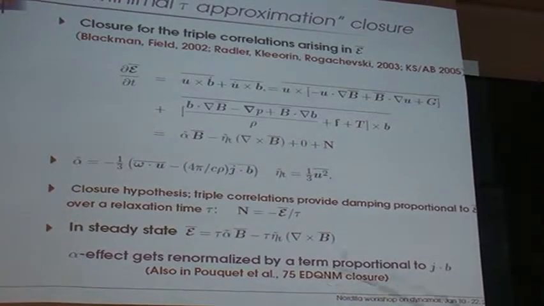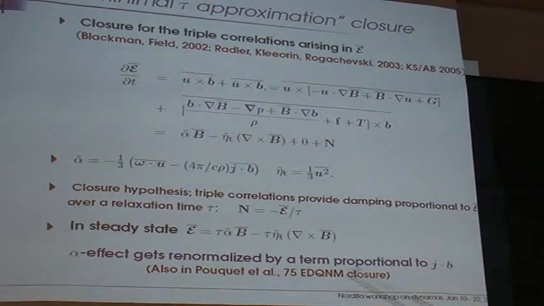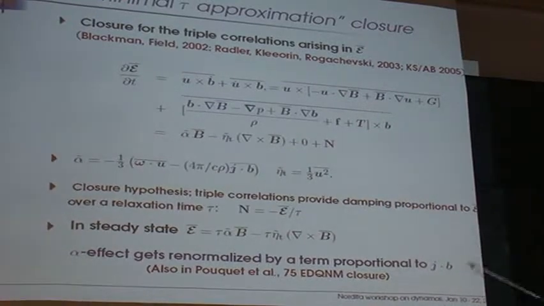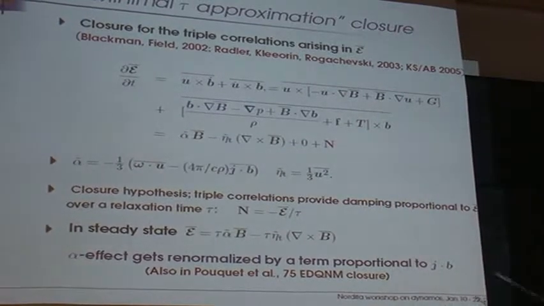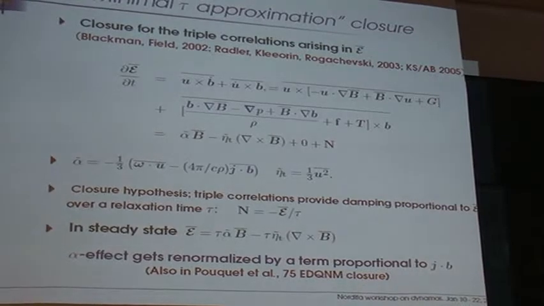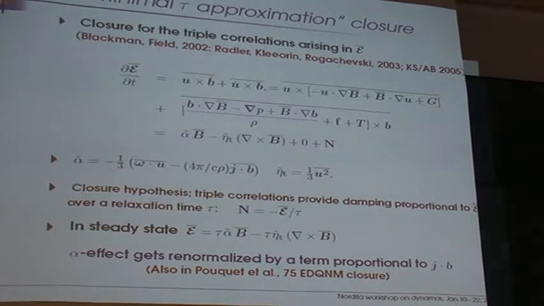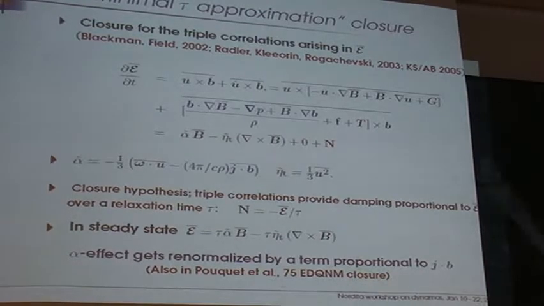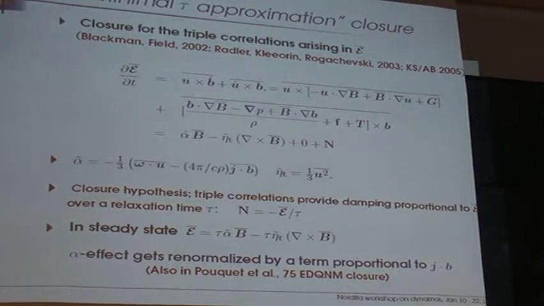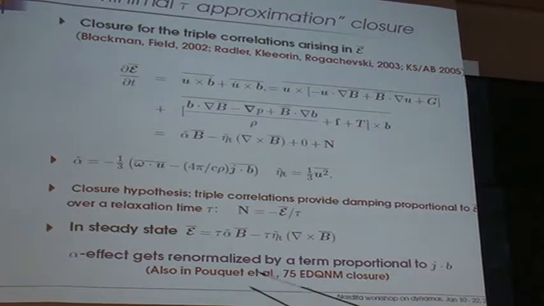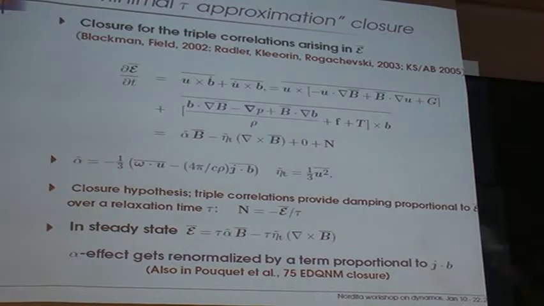Now this fact that the alpha effect could get renormalized by a term proportional to the current helicity is not a new thing. It was derived in a more sophisticated closure called the EDQNM closure, standing for eddy damped quasi-normal Markovian closure, by Pouquet, Frisch and Leorat, I think, in 1976, 75?